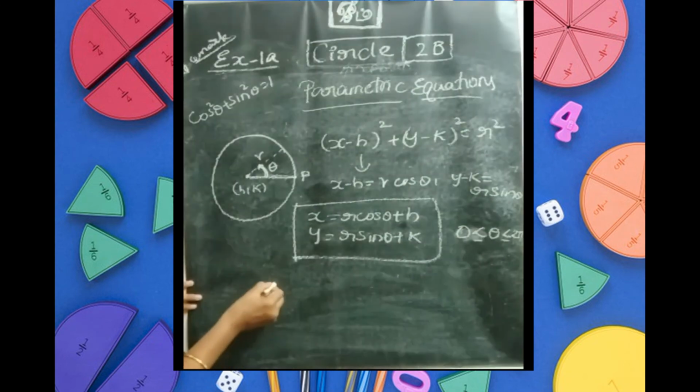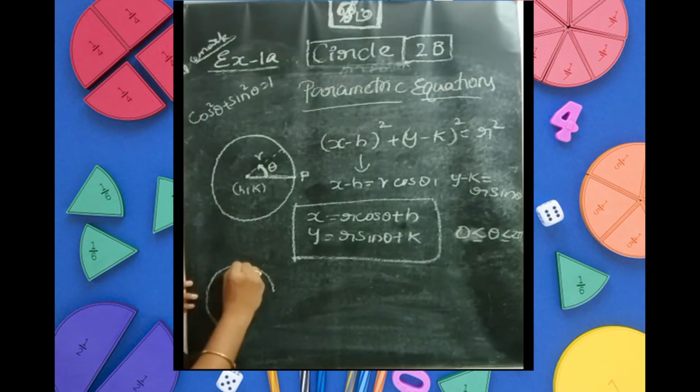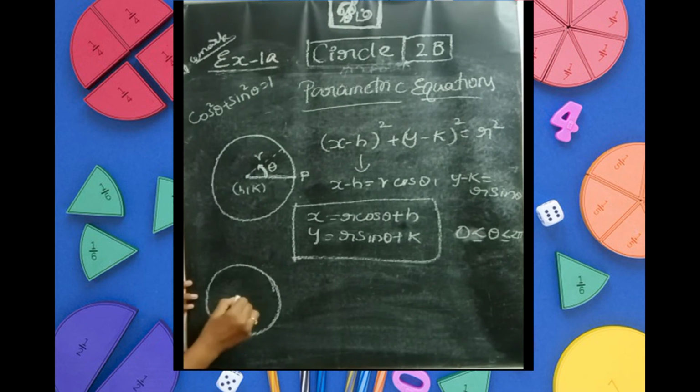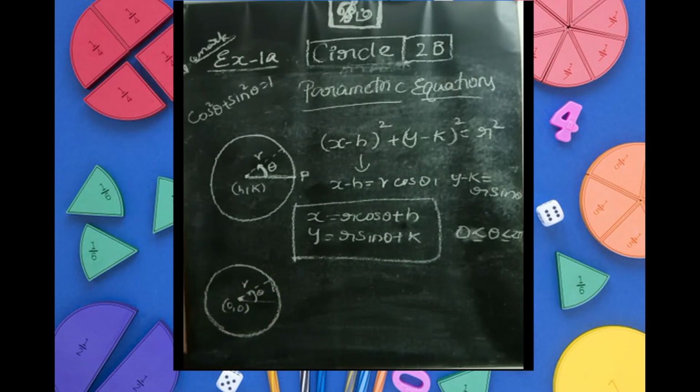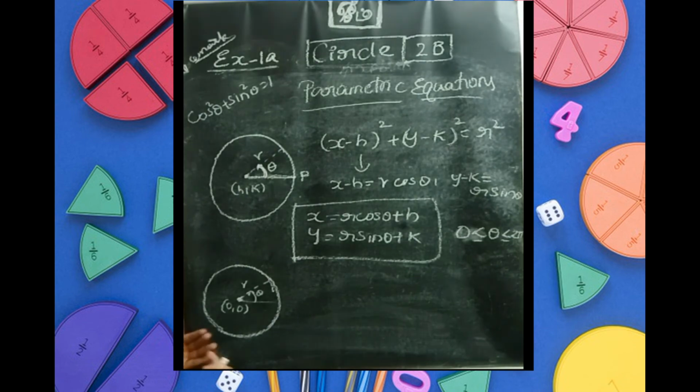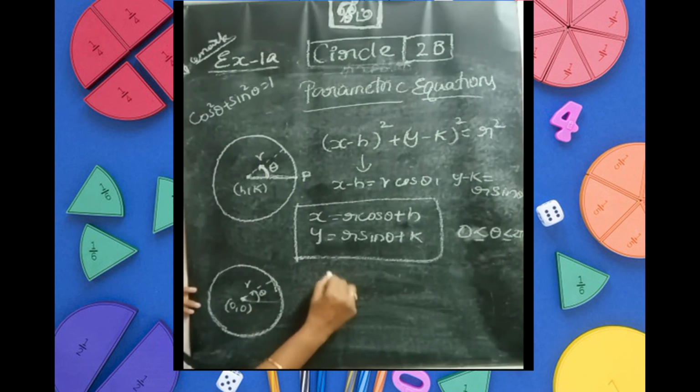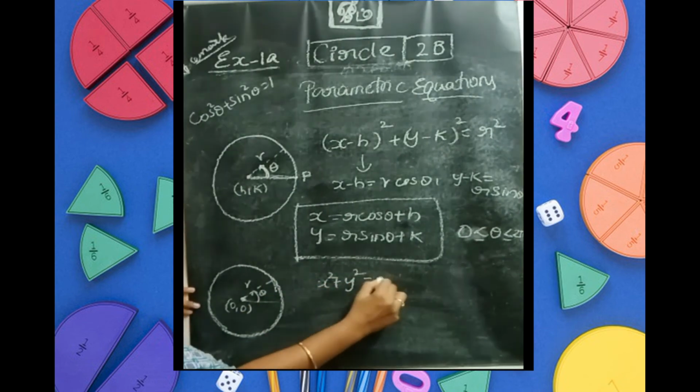Next, we see the parameter. This is a special case: the center is (0, 0) with radius r, and this is theta. For this, we know the equation: x square plus y square equals r square.